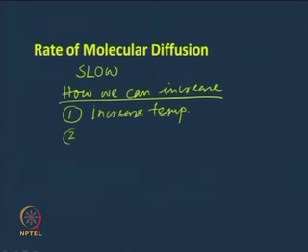And second, decrease pressure. If we decrease the pressure of the system, the number of collisions will reduce. If the number of collisions reduces, the net distance travelled or mean free path of the molecule will be higher and the rate of molecular diffusion will be more.